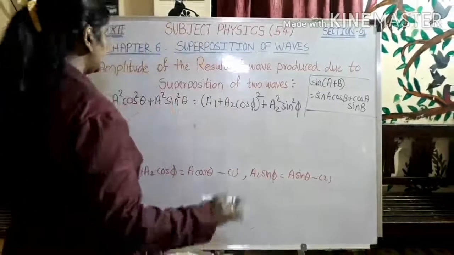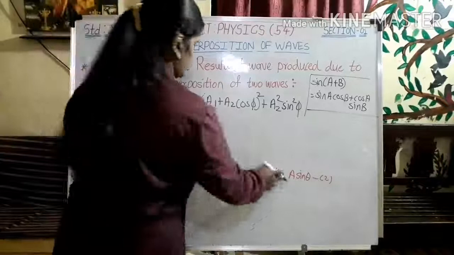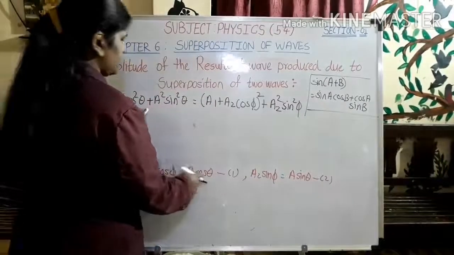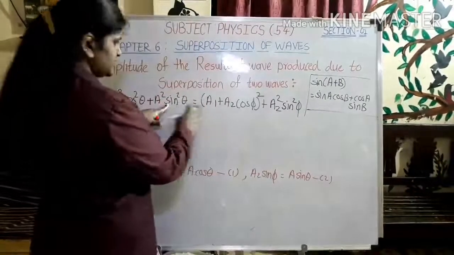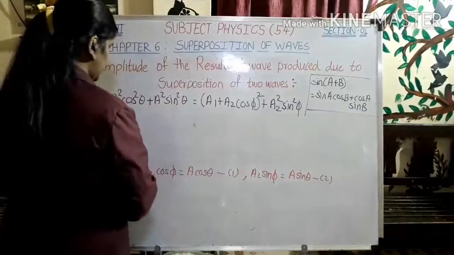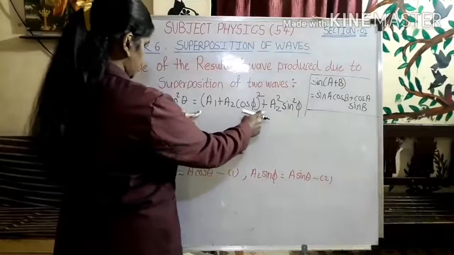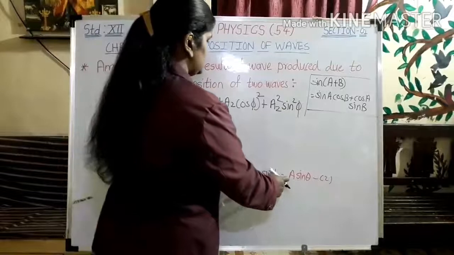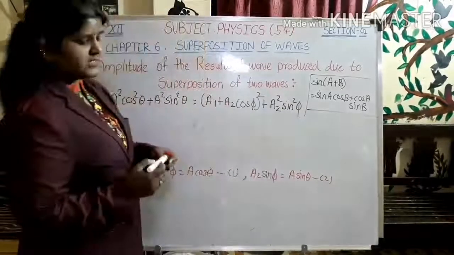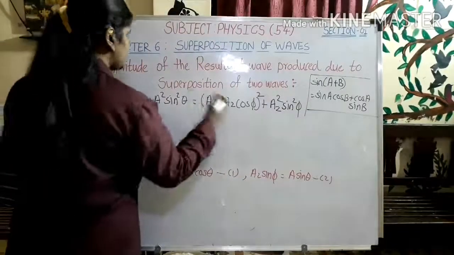Is it right? Just cross check it. A square cos square theta plus a square sin square theta is equal to a1 plus a2 cos phi whole square plus a2 square sin square phi. Yes, it is right. Now we are going to solve this.